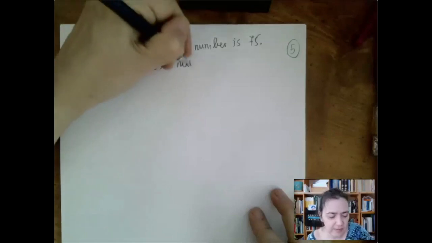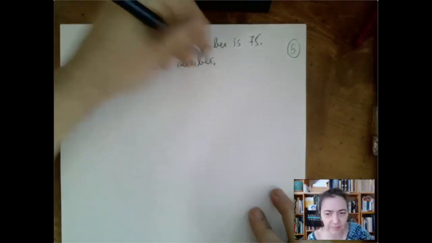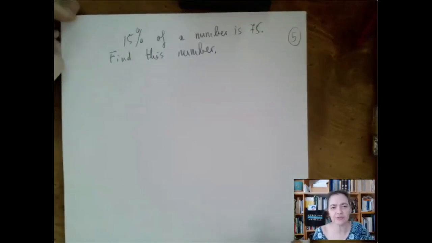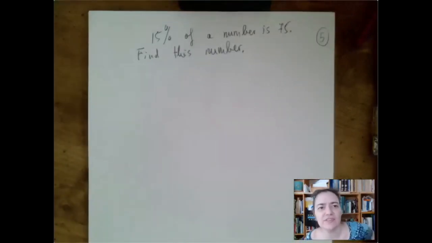And you know, sometimes it's going to fool you, but let your imagination, let your instinct loose. 15% is like 10%, that's like 1/10. So the original number is going to be significantly bigger than 15 or even 75, right? That's kind of good to measure.